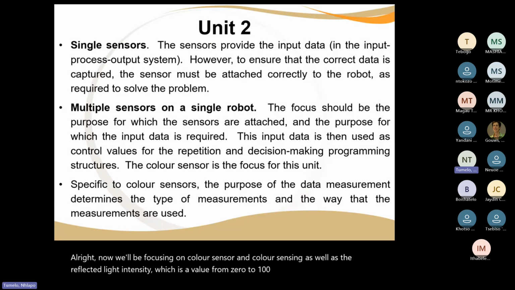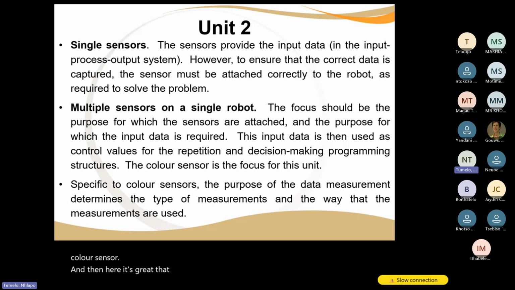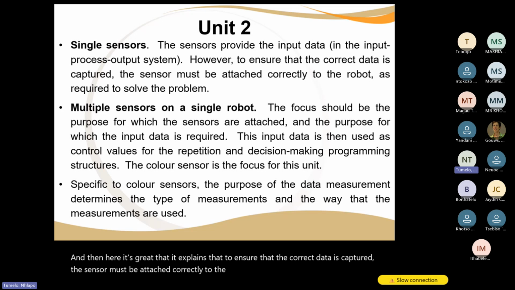And remember yesterday when I explained the input process as well as the output process, meaning that you need to connect your wire on the port into the color sensor. And here it's great that it explains that to ensure that the correct data is captured, the sensor must be attached correctly to the robot as required to solve the problem.